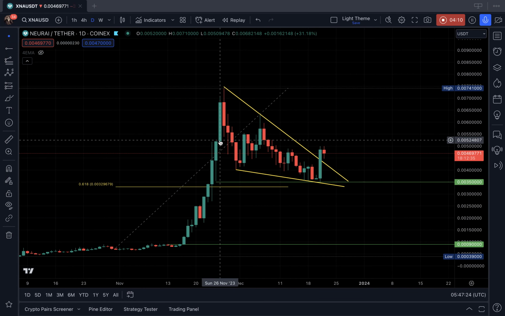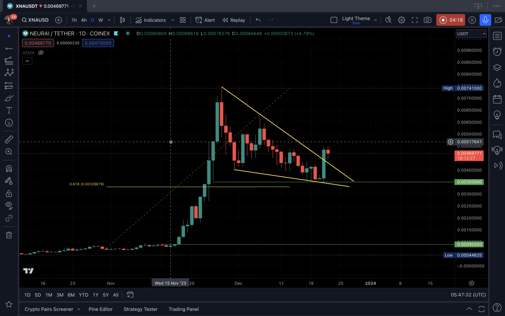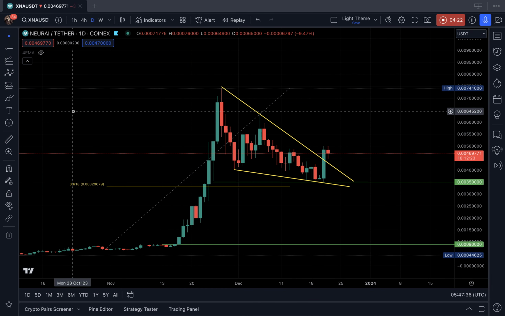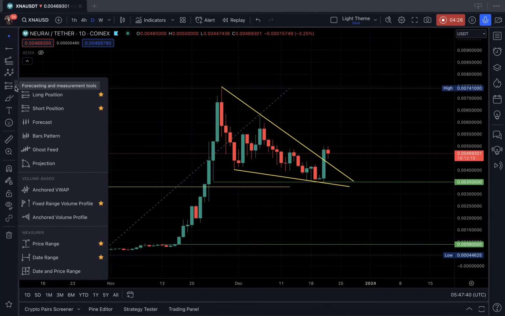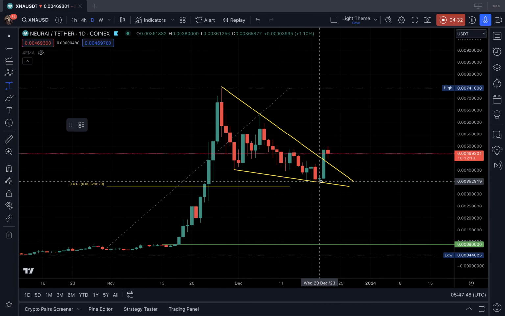Now we need to find targets for continuation, and I will give you four targets from the minimum target to the most bullish target. The first target is a wedge breakout because you can see that XNA formed a falling wedge.